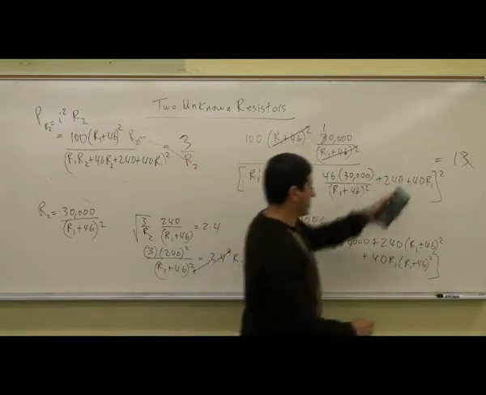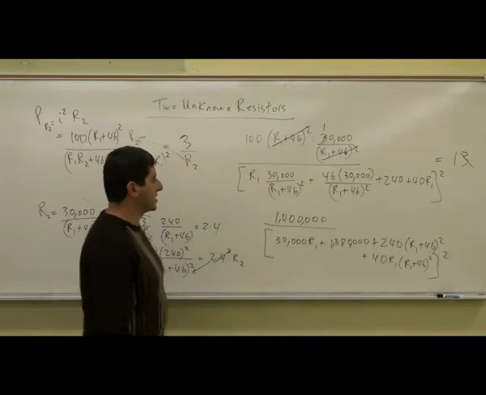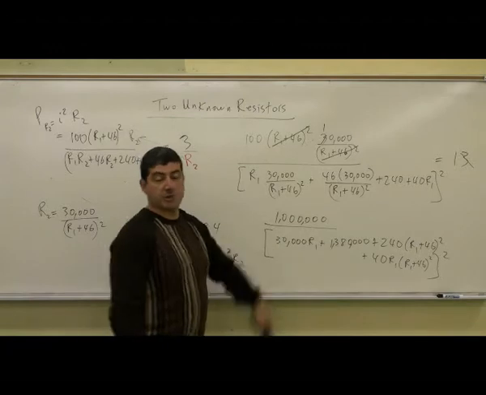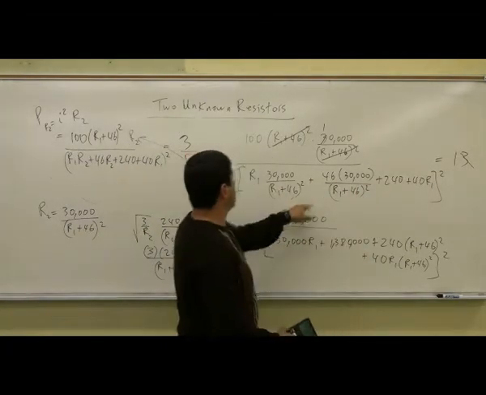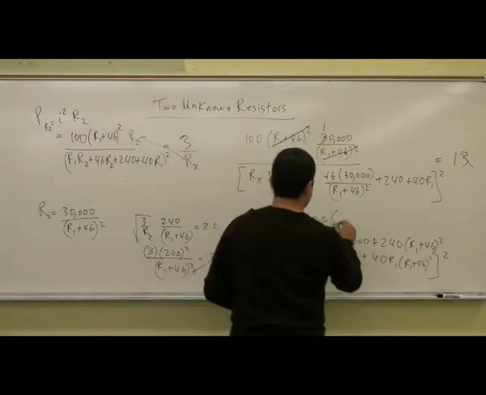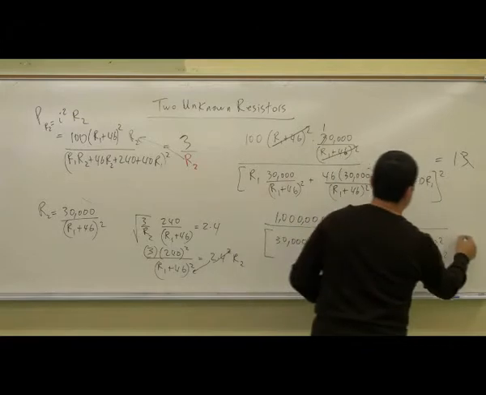And remember, the whole thing is squared. And then when the R1 plus 46 comes out of the square, it becomes to the power 4, goes all the way up to the top: R1 plus 46 to the power 4. That equals 1.